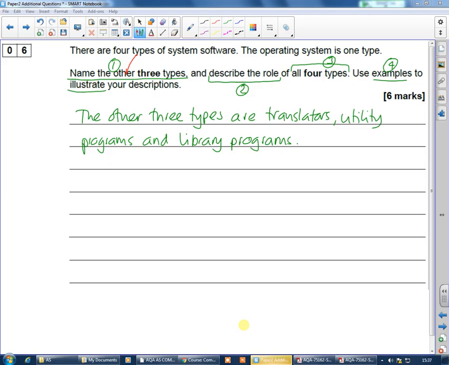So I'm going to take these in turn. Okay, so I'll just use different colours to help us with this.